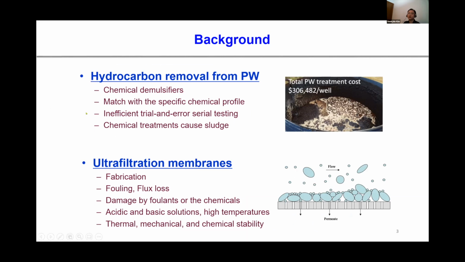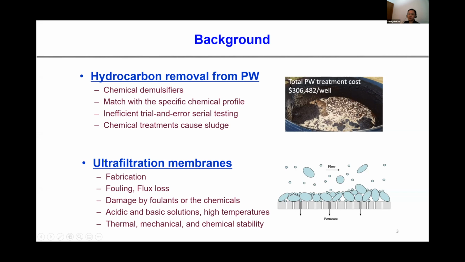There are few predictable models for choosing appropriate demulsifiers, so the process relies on inefficient trial and error serial testing. Also, chemical treatment generates sludge, which can cause pollution.